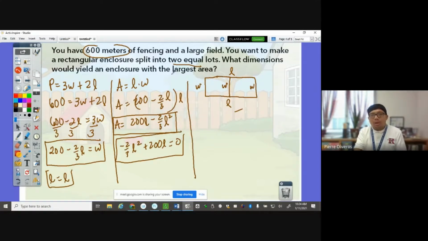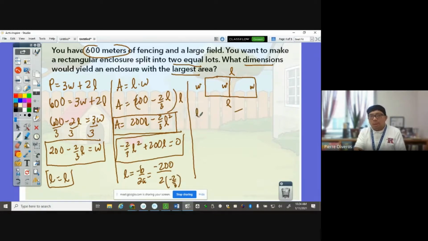Now, since we're looking for the largest area, and the dimensions that will lead to it, we're going to use the formula again. This time it's not x or W, it will be L because we're solving for L. L equals negative b over 2a, wherein my b here is negative 200 and my a is negative 2/3.